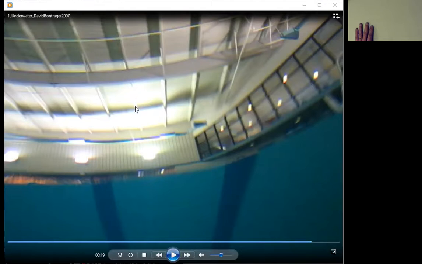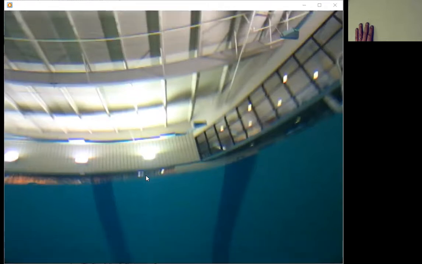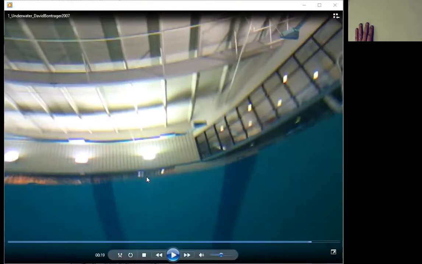And as you look down towards greater and greater angles, at this point, there's a transition, and the surface of the water has become a mirror. And essentially, all he's seeing here is the lane markings that are on the bottom of the pool. He's still looking up, but seeing those lane markings reflected in the top of the pool.